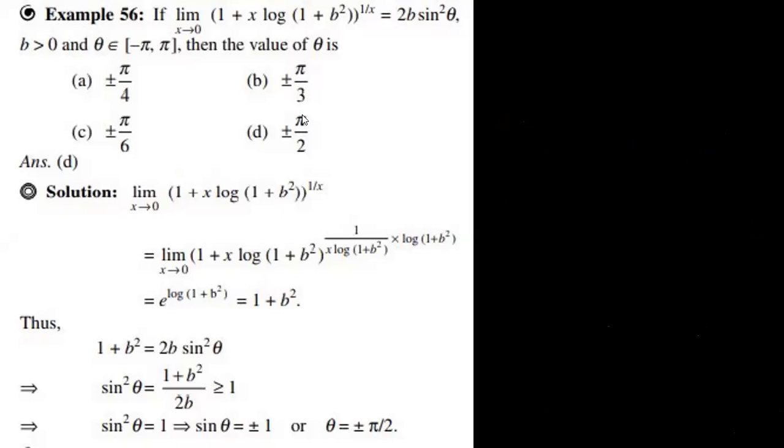What is the question? Limit x tends to 0 of (1 plus x) into (logarithm of 1 plus b square) whole power 1 by x. How to solve this one?